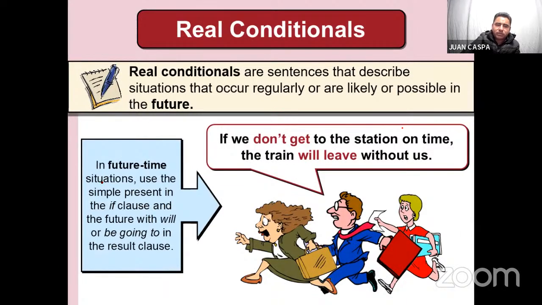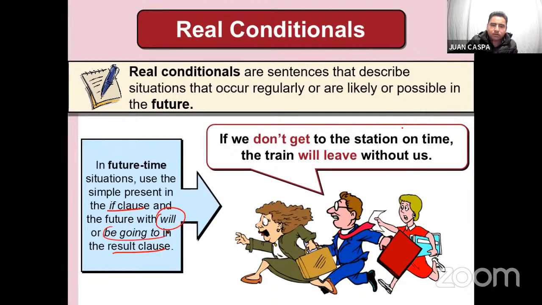In future time situations, use the simple present in the if clause and the future with will, right? Or be going to in the result clause. In the first part, we have the if clause and in the result clause we have will, right?